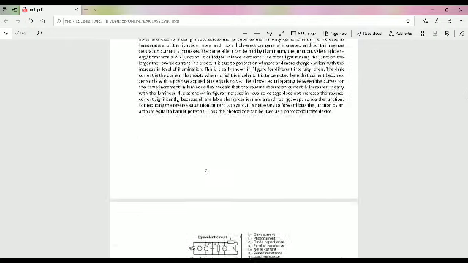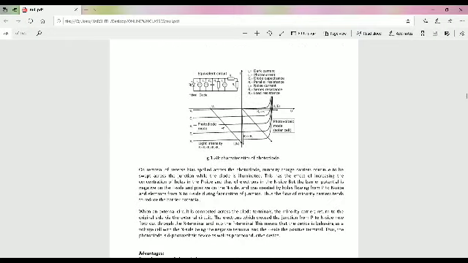And next, characteristics of the photodiode. The photodiode is designed such that it is sensitive to light. When there is no light, the reverse biased photodiode carries a current which is very small and is called the dark current.